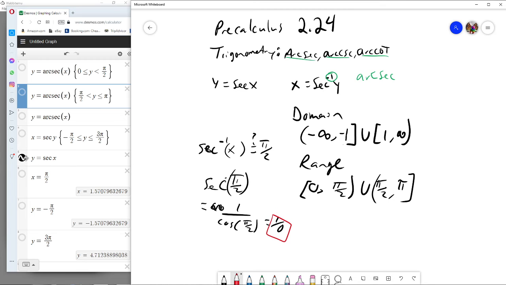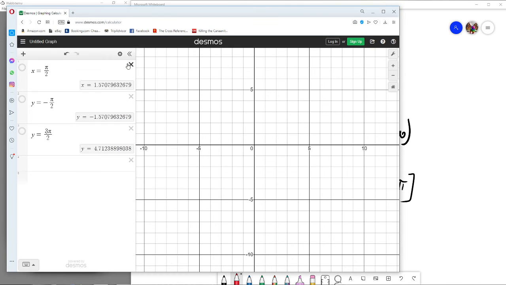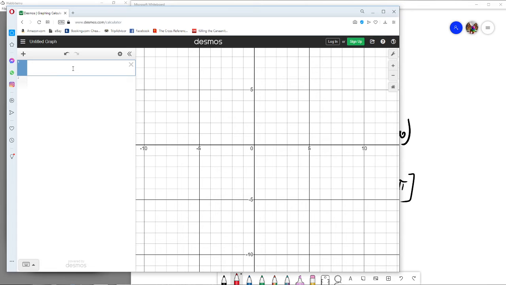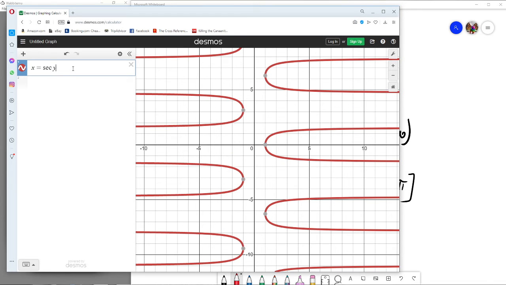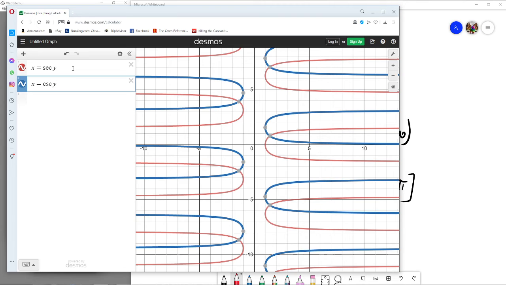Arccosecant is not really that interesting once we look at arcsecant, because it's pretty much the same story, except we have to shift all the graphs over a little bit. So here is y equals secant, and x equals cosecant y.